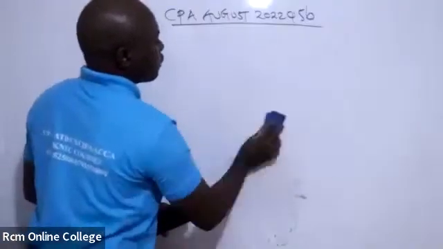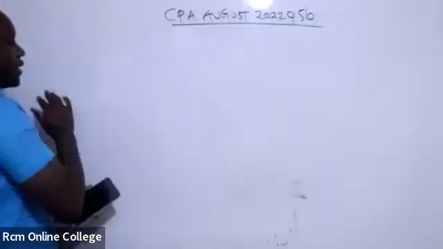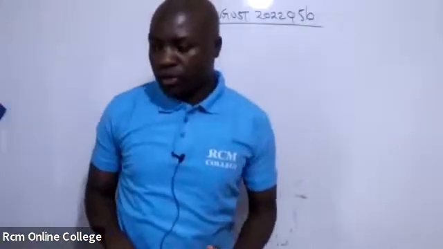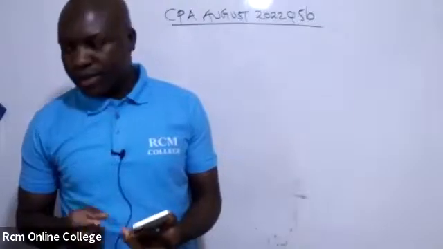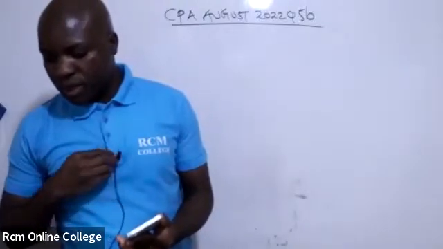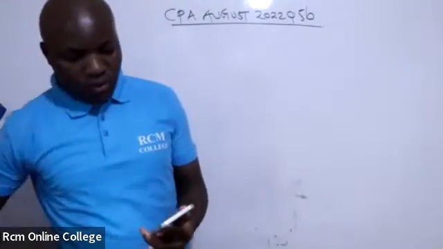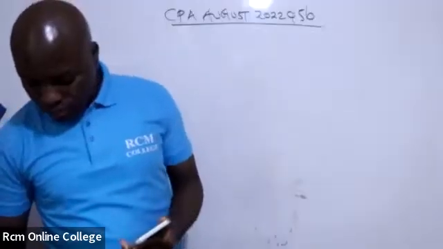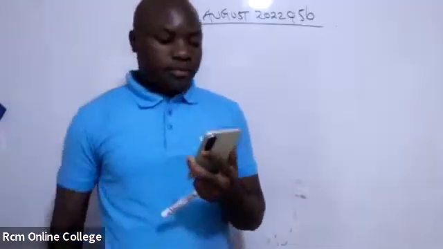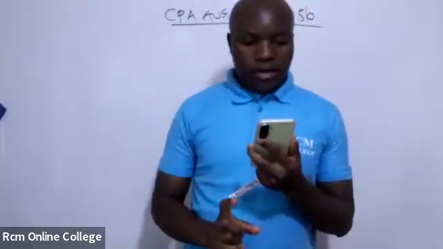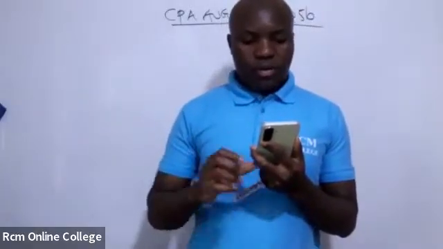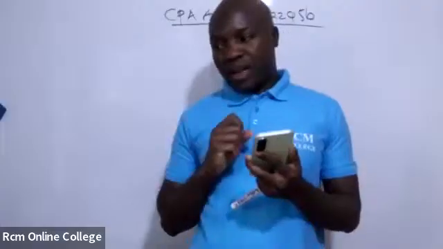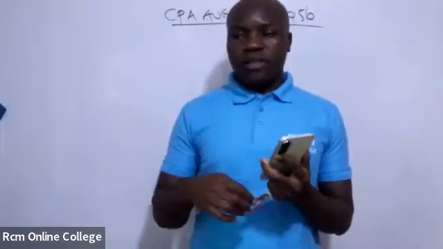So first, let's look at the variances that are given in the question. The first variance I can see in our question is direct material price variance.